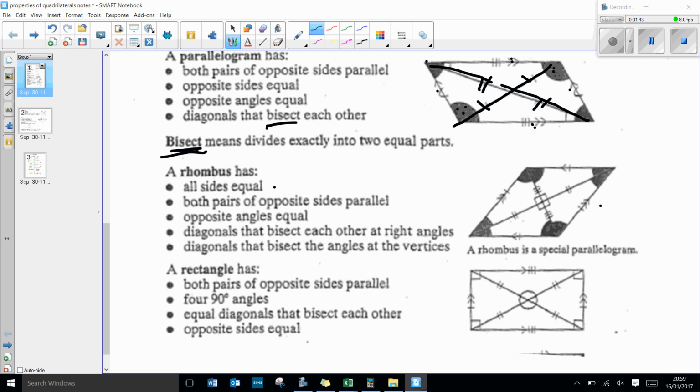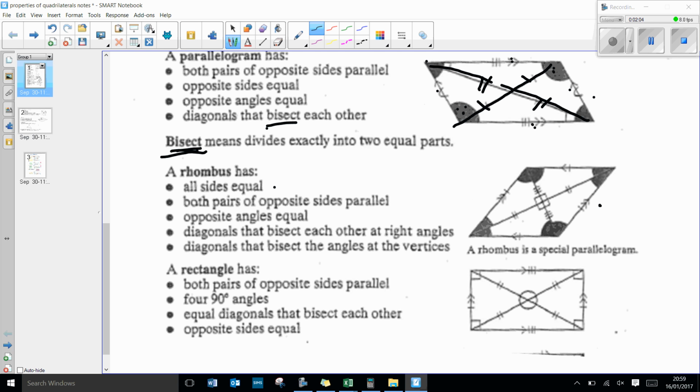Both pairs of opposite sides are parallel, both pairs of opposite sides are equal, the opposite angles are equal, and the diagonals bisect each other. So if we look at a rhombus, it does fit the definition of a parallelogram.